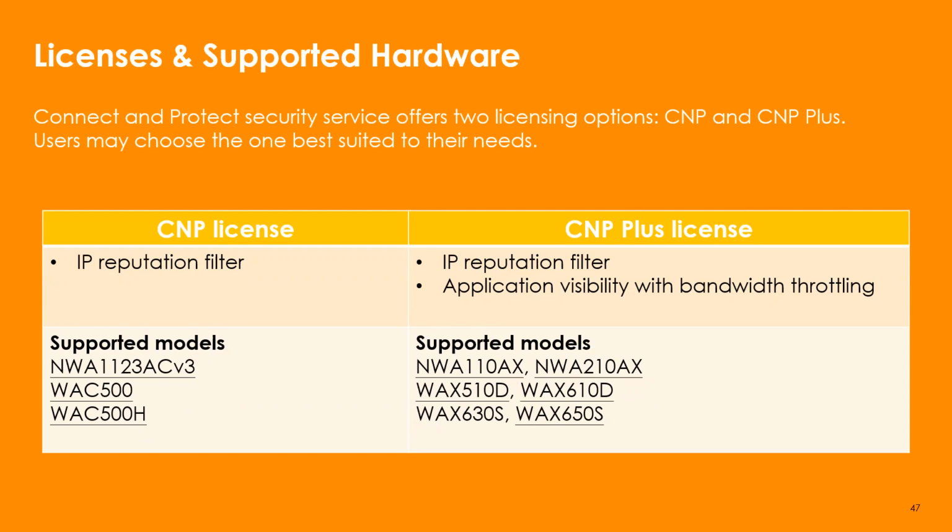So you could set limits for Netflix or YouTube so they don't eat up all your bandwidth watching 1080p or 4K streams. That works with our NWA 110AX, NWA 210AX, 510D, 610D, 630, and 650S. It does not work with the Wi-Fi 6E access points we just recently launched.